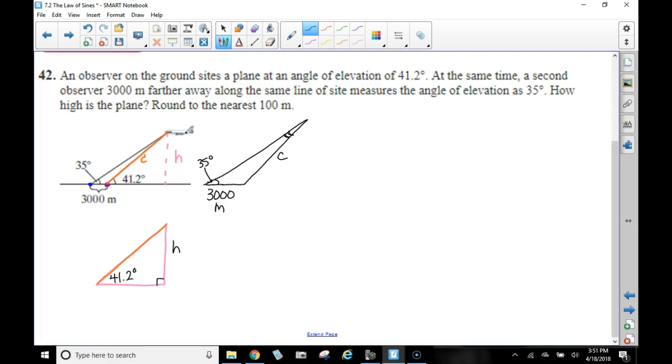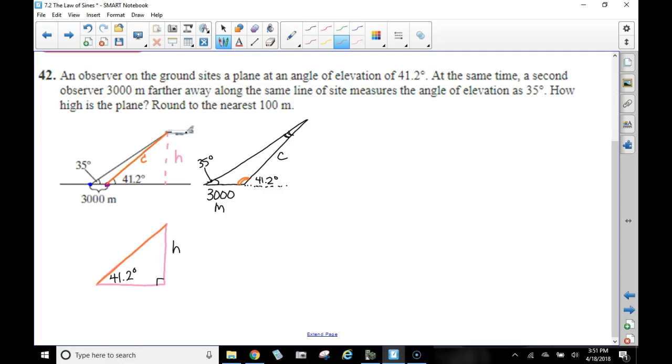Well, what we do know is along a straight ground here, this exterior angle was 41.2 degrees, and so this angle along with this angle here are going to be supplementary angles. They add up to 180 degrees.